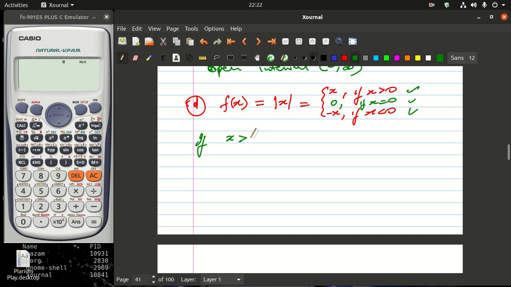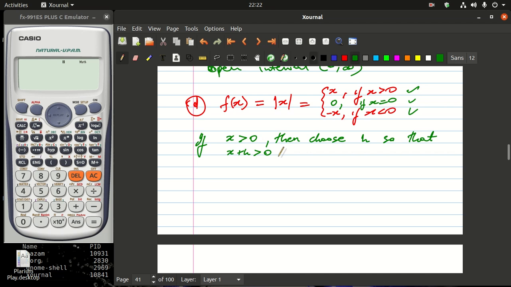If x is greater than 0, what we're going to do here, then choose h so that when I am taking x plus h, this is still greater than 0.